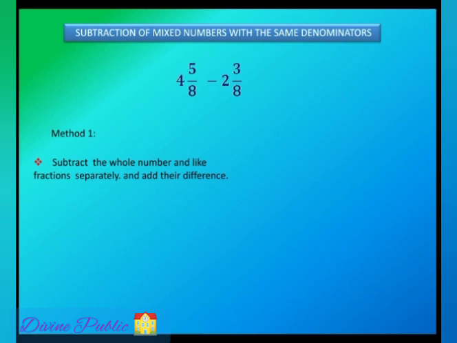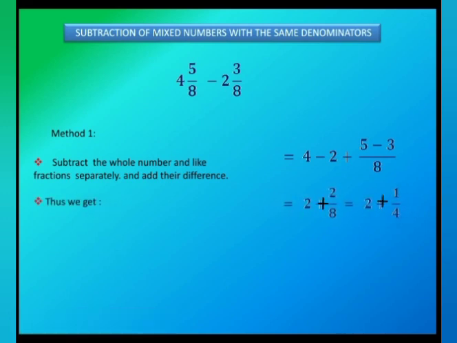Subtract the whole numbers and like fractions separately and add their differences. So we will subtract the whole numbers, 4 minus 2, and again we will add the difference of 5 minus 3. So we will get 2 plus 2 upon 8.